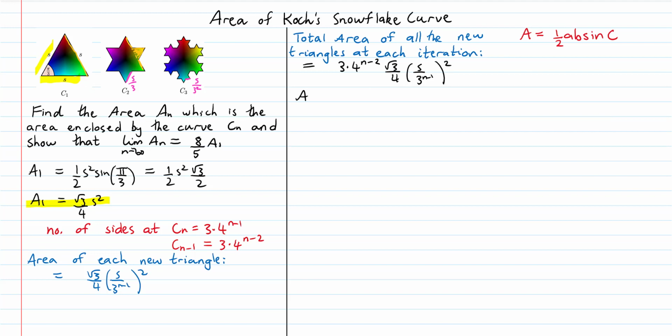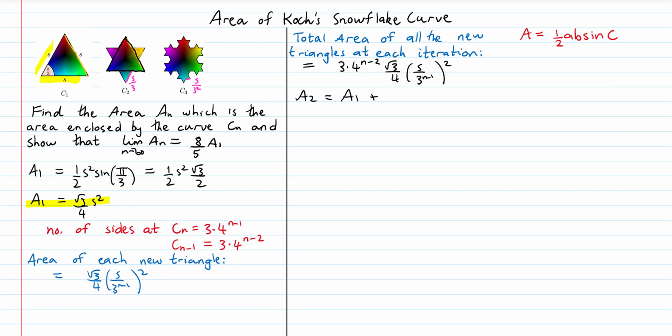So A_2 is going to equal A_1, because we're still going to add on this triangle here that we have from curve C_1. We're going to add that area on, plus the area of all the new triangles.